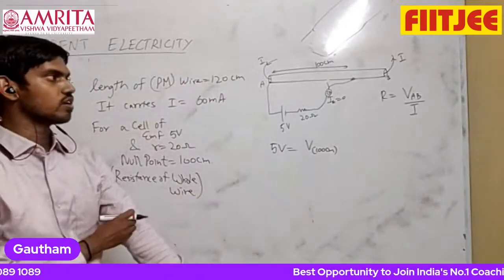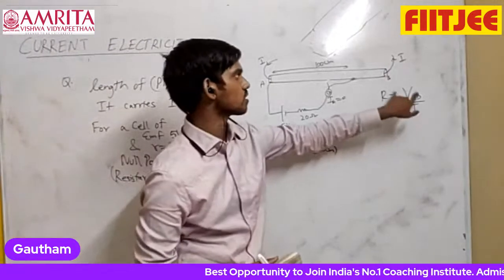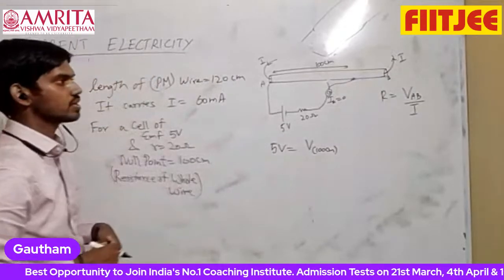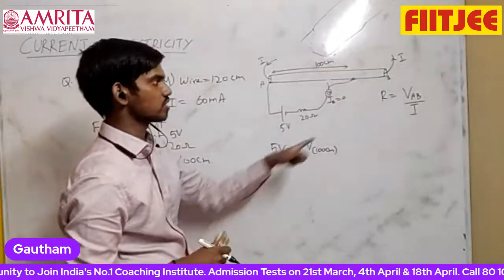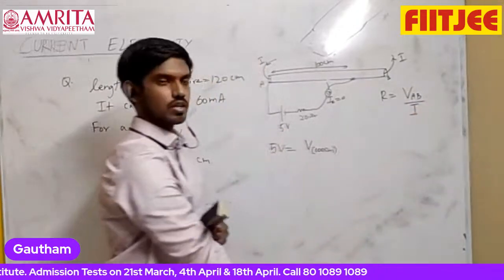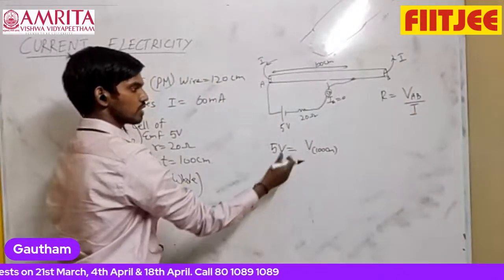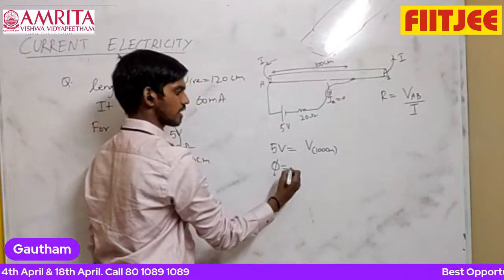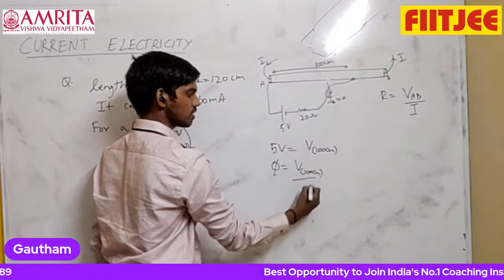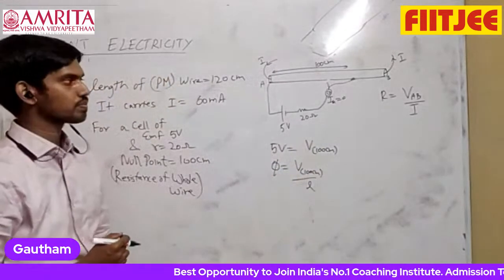Now, you want the potential drop for the full wire, since the resistance of the full wire is asked. The best way is to find the potential gradient. What is potential gradient? The potential drop per unit length.